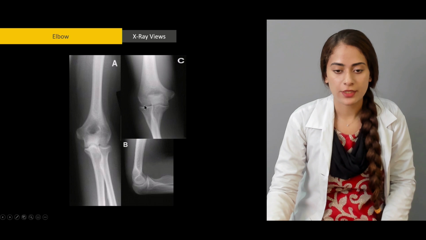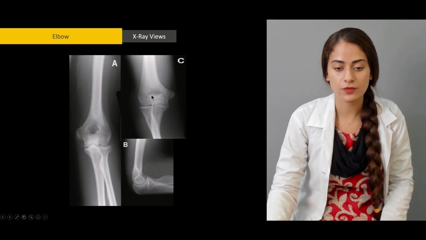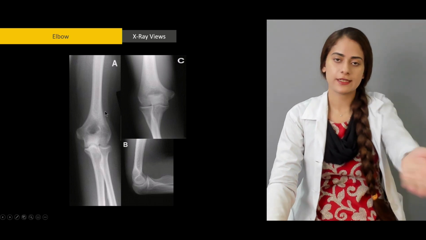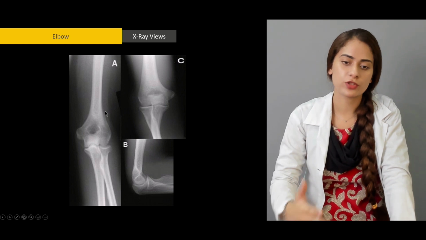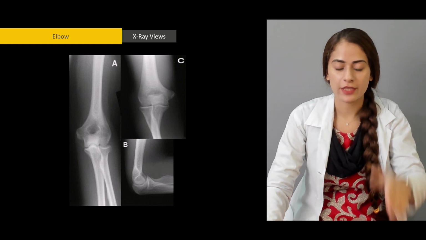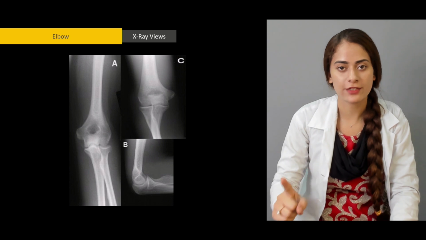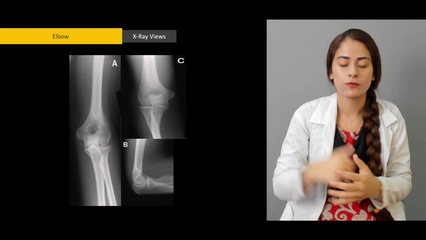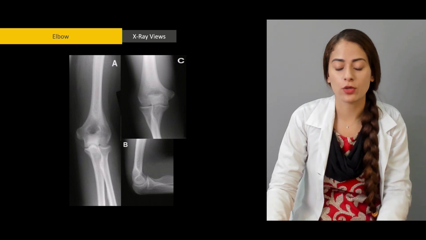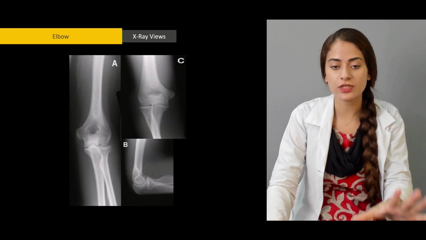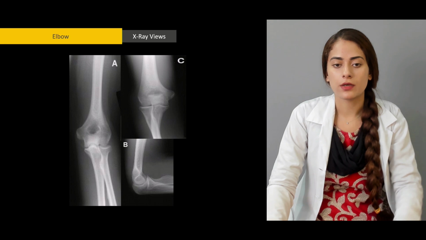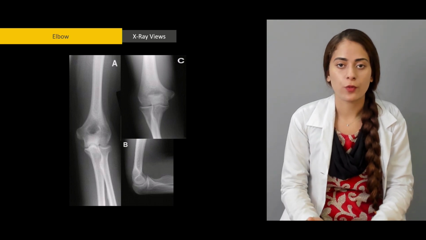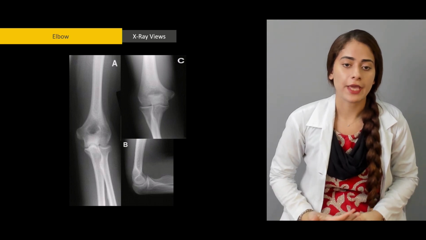And here it's an AP view, like I explained. The x-rays are perpendicular in the lateral and the AP view, but they are at a 45-degree angle when we're talking about the oblique view. So these three are the views that we use for the visualization of the elbow joint.